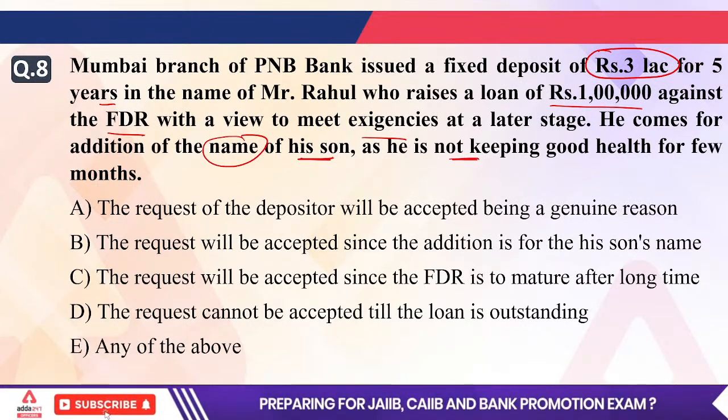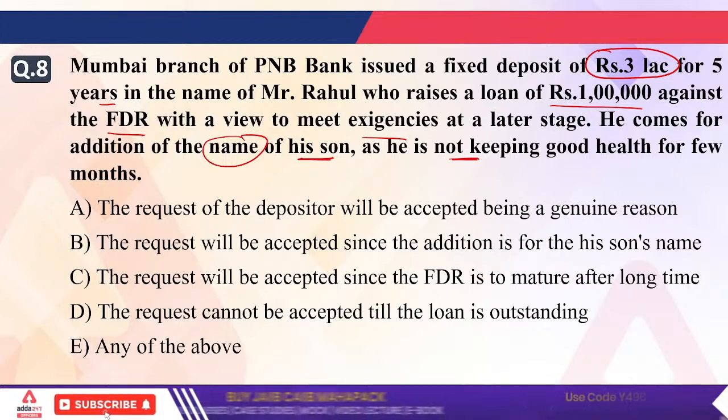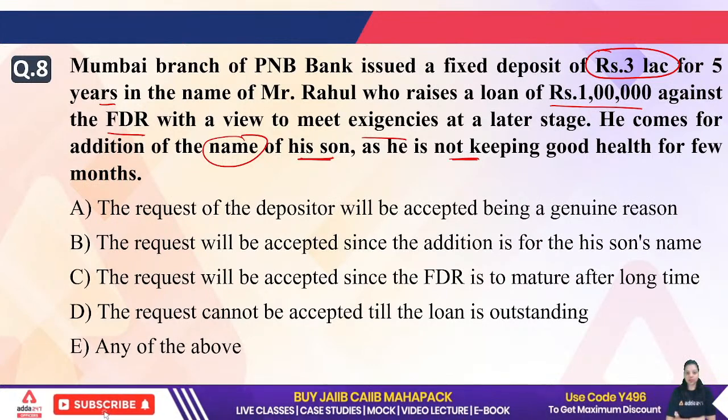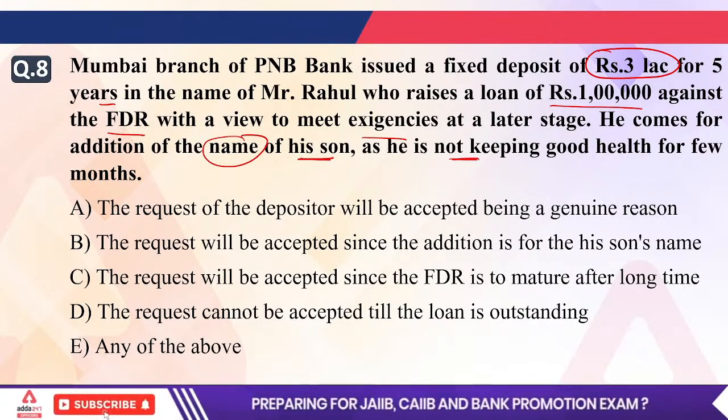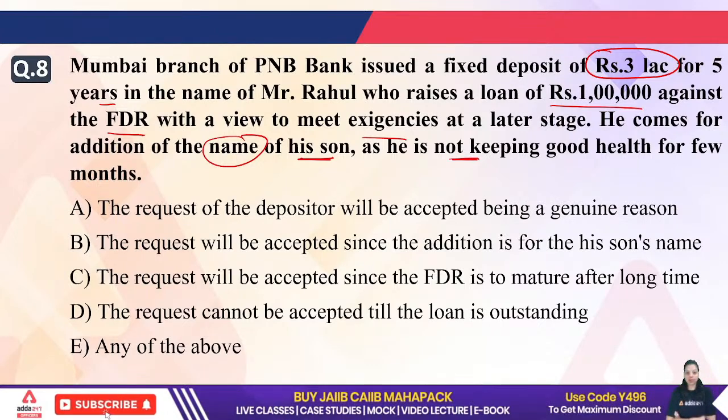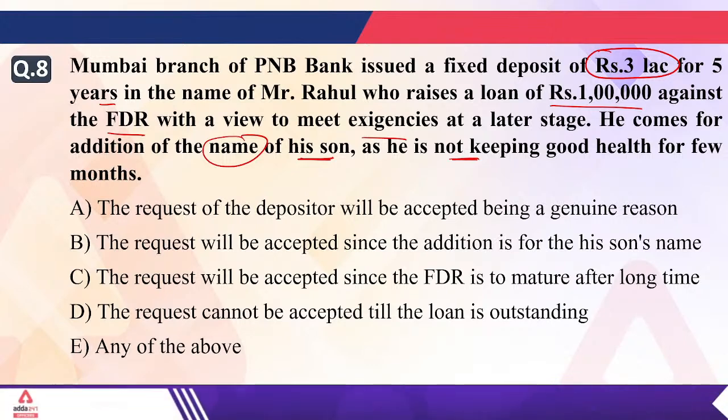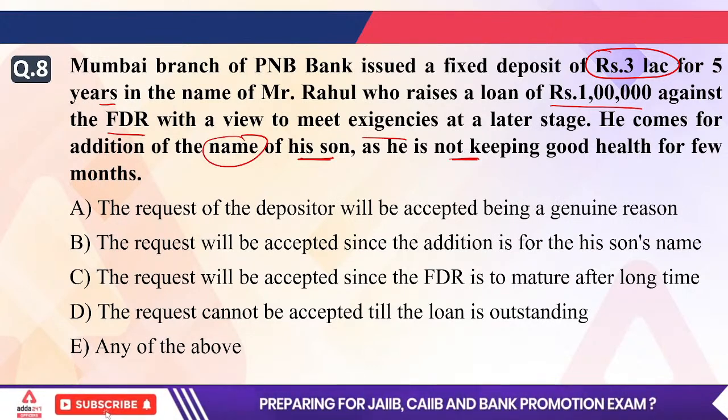Will the bank provide this service to Mr. Rahul or not? The first option says the request of the depositor will be accepted, being a genuine reason. Second says the request will be accepted since the addition is for his son's name. Third says the request will be accepted since the FDR is to mature after a long time.